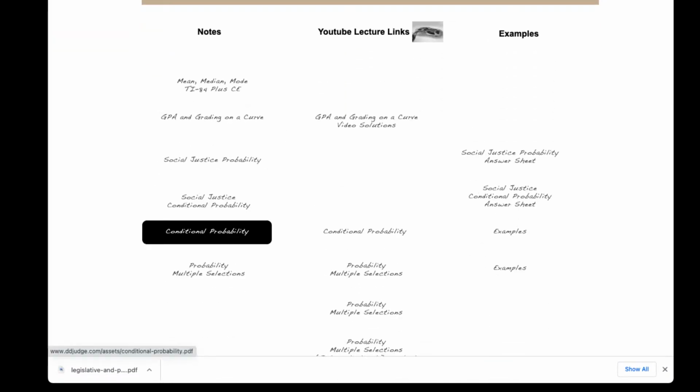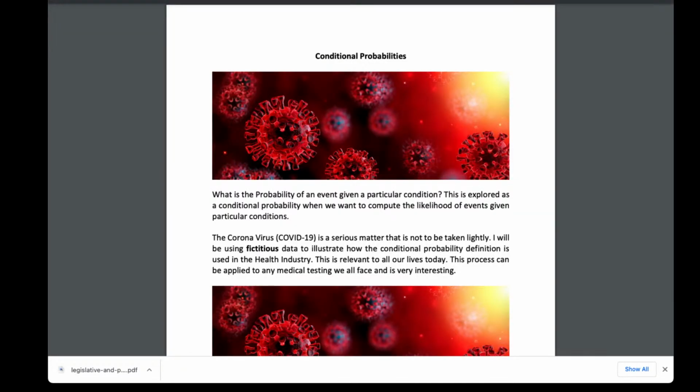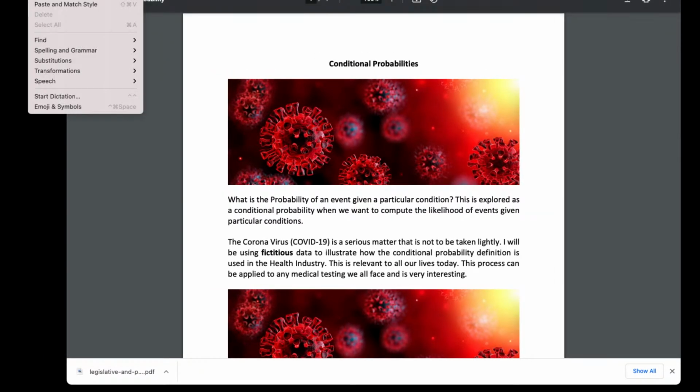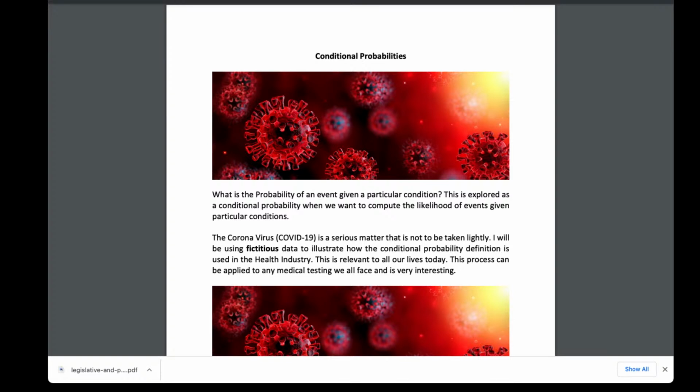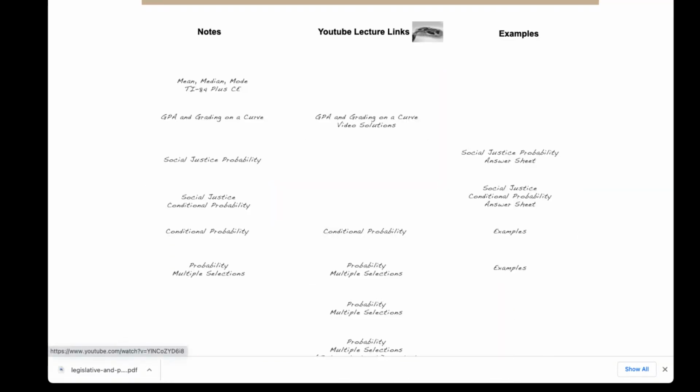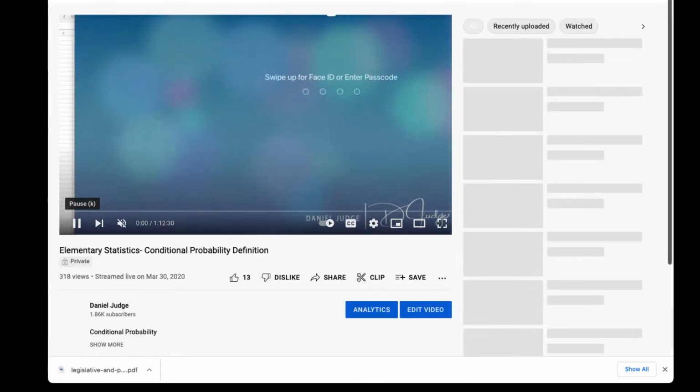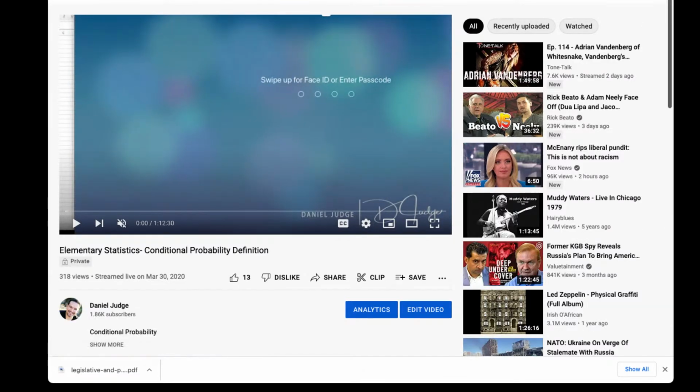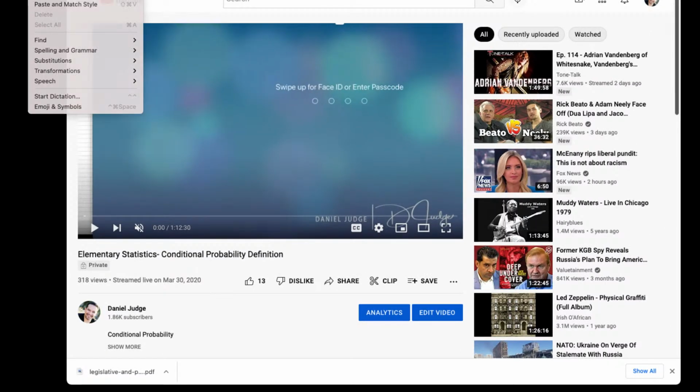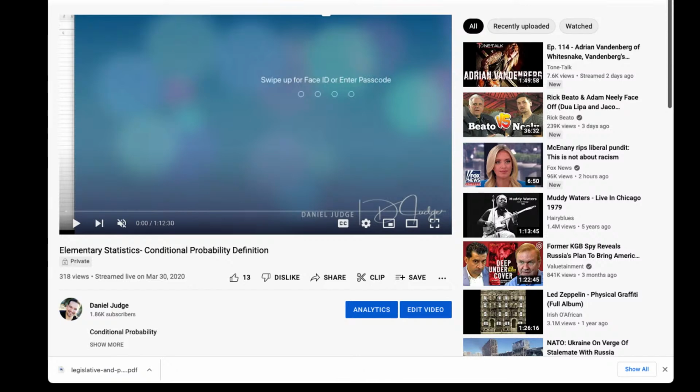Remember, I have a conditional probability worksheet here that has some medical information. There's even a video on some of this that I'm going to go over for you guys.